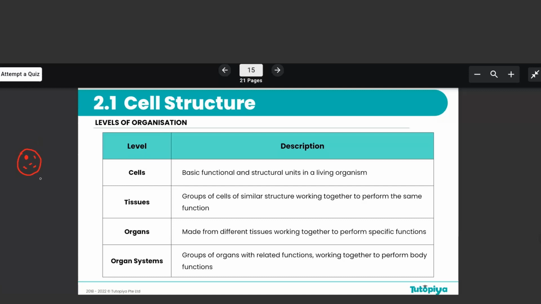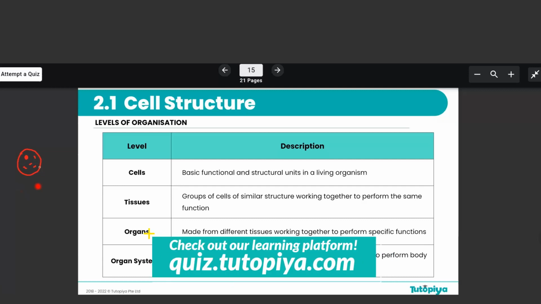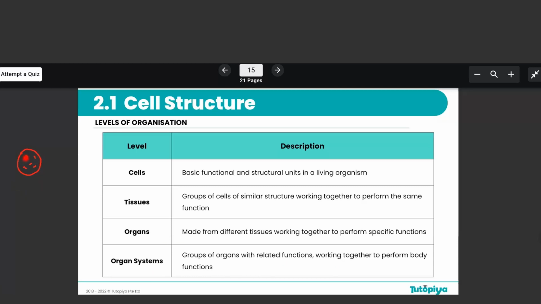This is the basic structural unit and the functional unit in a living organism. Or in simpler terms, the cell is basically the building block of a living organism. Many of these cells build up a living organism. So that's why we consider the cell as the first level of organization within a multicellular organism.